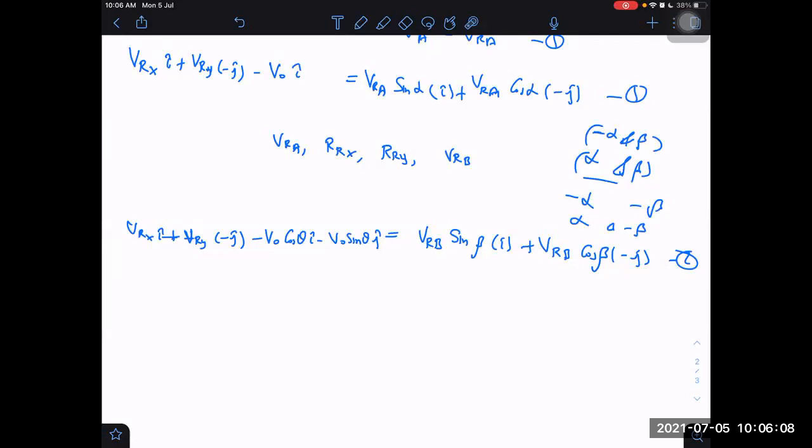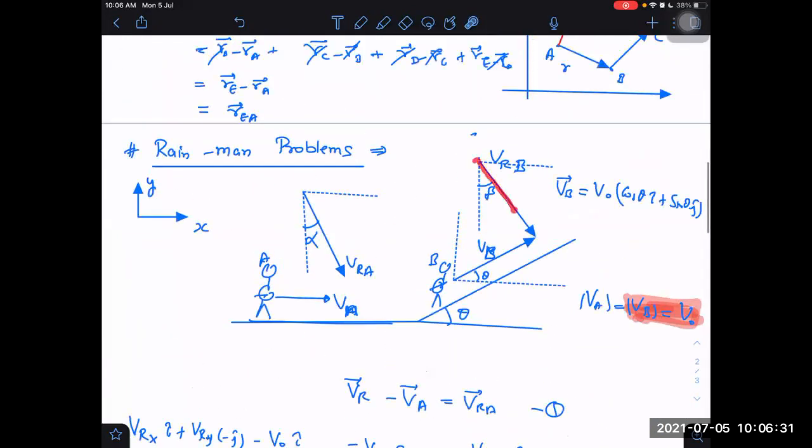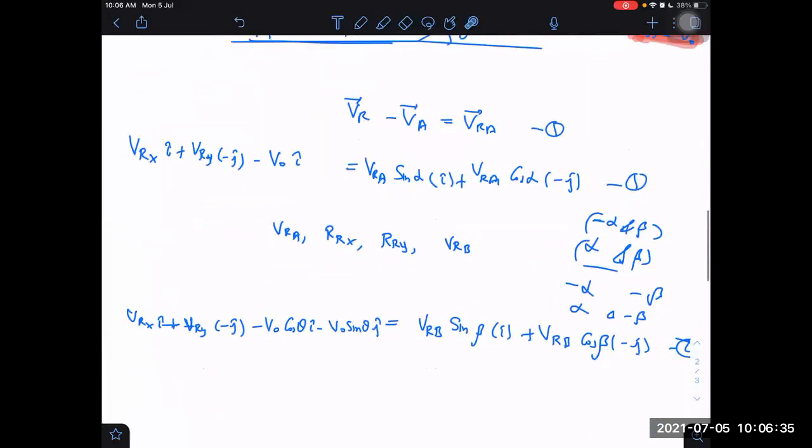How many combinations are possible? 1, 2, 3, 4. 4 combinations. Then how many answers are possible? There are 4 different sets of values possible for this. Which values are we going to neglect? We are going to neglect the values of VRB and VRA if they turn out to be negative. They cannot be negative because VRB represents the magnitude, and VRA is a magnitude. These cannot be negative. These have to be positive.